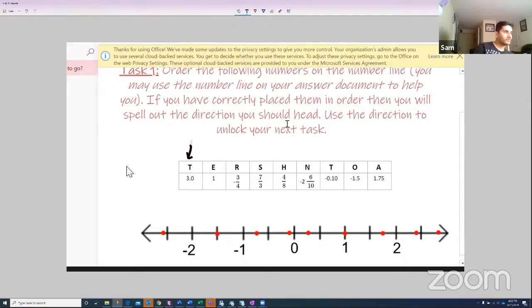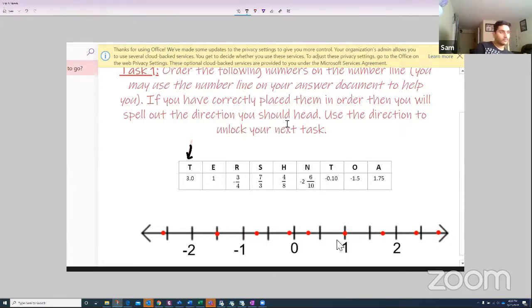Okay, we have T is 3.0, okay? So we have to look at this T is 3.0, that's a positive number, right? So we have to look at the 0. This is 0 right here. We have to go to the right side to go to positive. Since this is positive, we have to move to the right side.